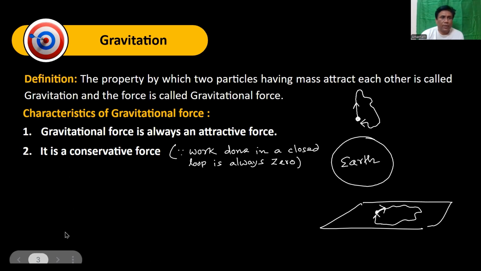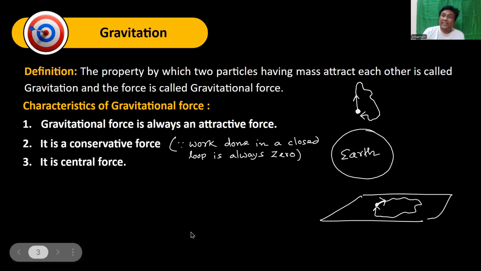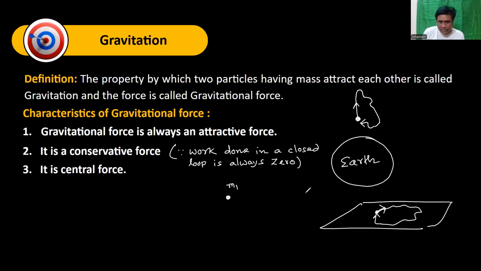The next point is, it is a central force. Central force means what? Say this is a particle M1, and say this is M2. M2 will attract M1 along this line, and M1 also will attract M2 along this line only.